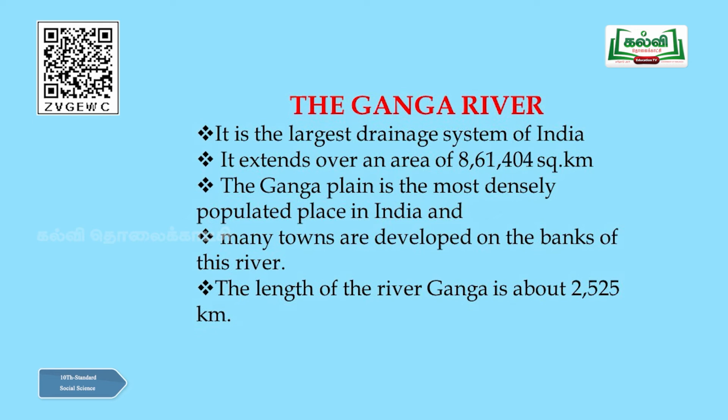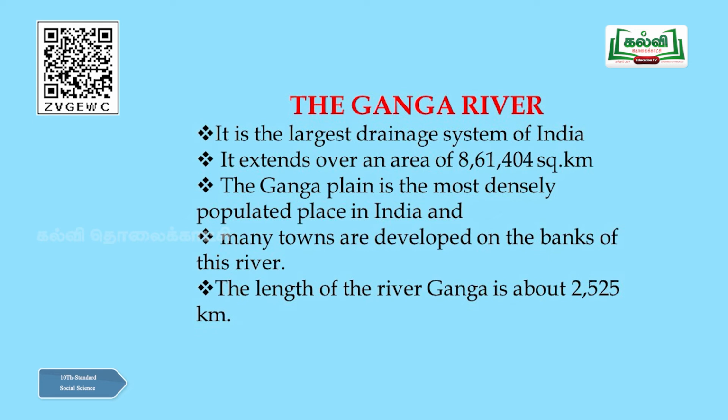First one, it is a plain area. And second thing, it fully comprises alluvial soil which is very rich in humus content, and it is very fertile soil. So, agriculture activities are carried out largely in this plain, and because of the agriculture activities this place is densely populated, and many towns are also developed on the banks of this river.